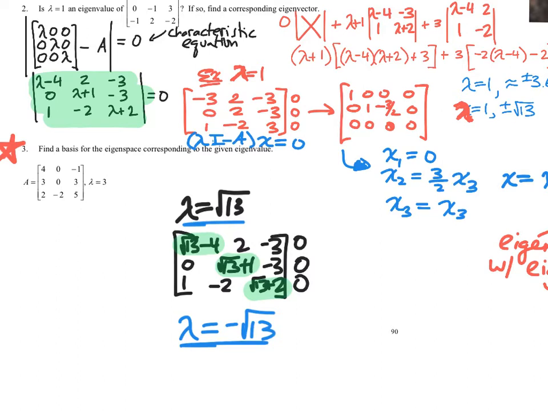All right. So then back into the matrix editor. So this entry is going to be negative square root of 13 minus 4, negative square root of 13 plus 1, and then negative square root of 13 plus 2.